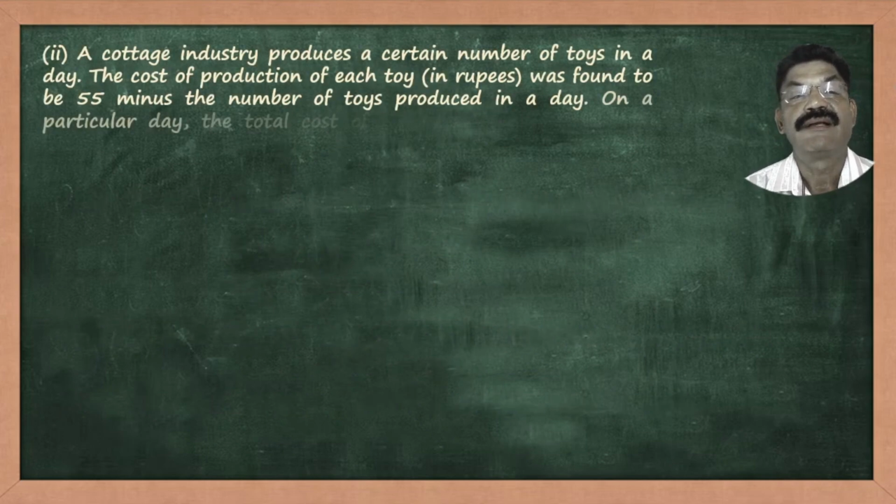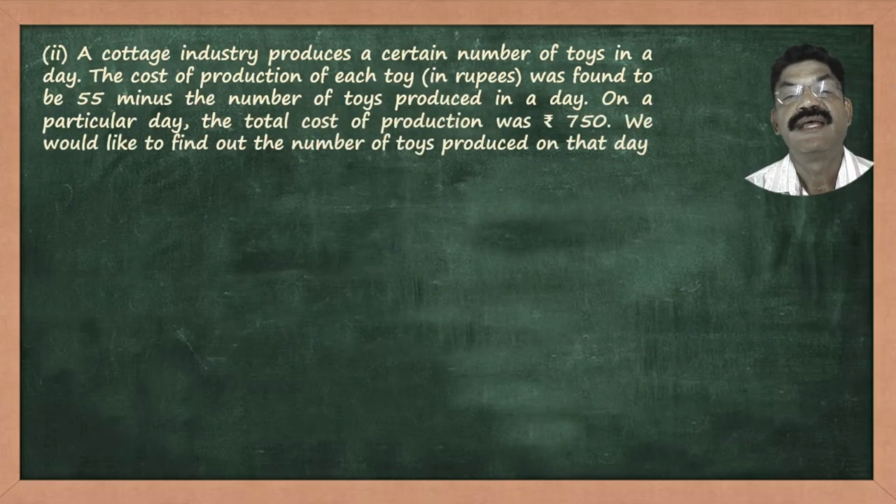Next, a cottage industry produces a certain number of toys in a day. The cost of production of each toy in rupees was found to be 55 minus the number of toys produced in a day. On a particular day, the total cost of production was rupees 750. We would like to find out the number of toys produced on that day.